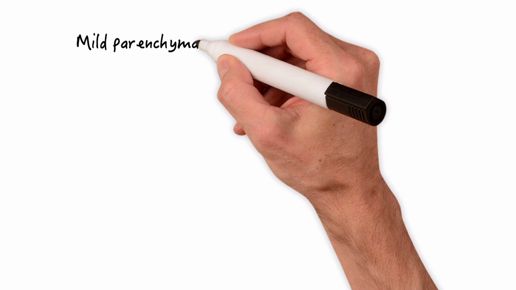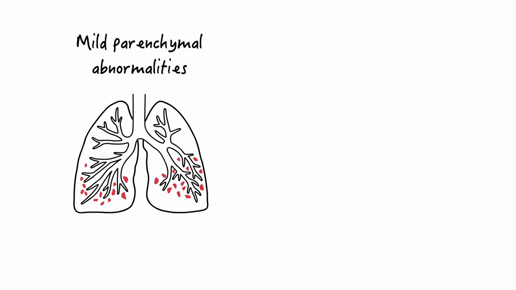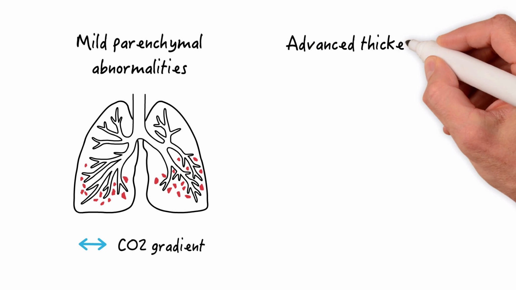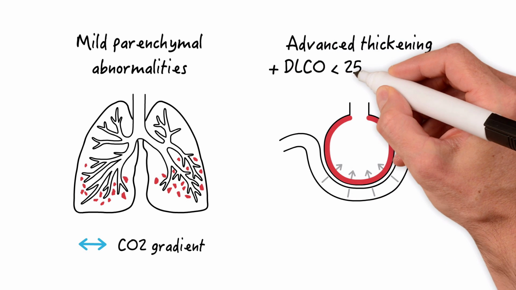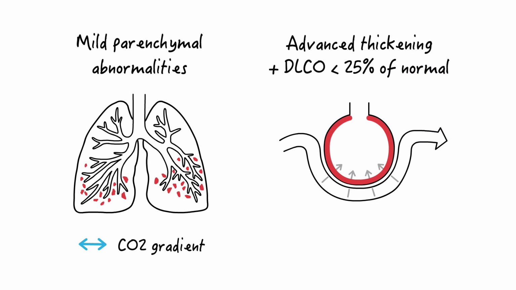Therefore, mild abnormalities of the pulmonary parenchyma are usually not associated with an increased arterial alveolar gradient for CO2. With more advanced thickening of the alveolar capillary membrane and a reduction in DLCO to about 25% or less of normal, an arterial alveolar gradient for CO2 may arise.